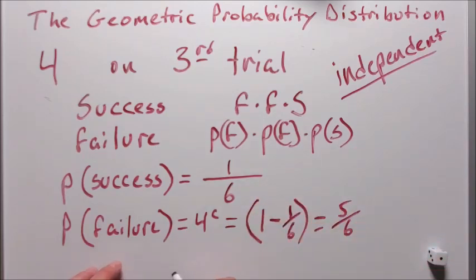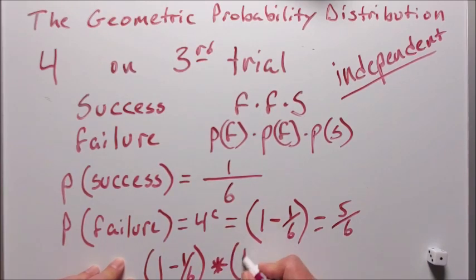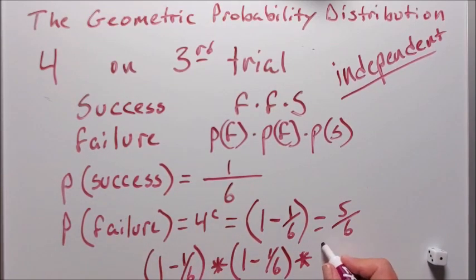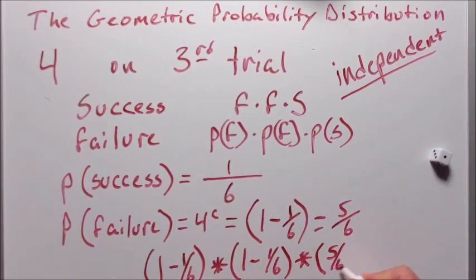So that means, I'm actually going to put it in this form. 1 minus 1/6 times 1 minus 1/6 times, let me make sure I stay on screen, times 5/6. Sorry, times 1/6.